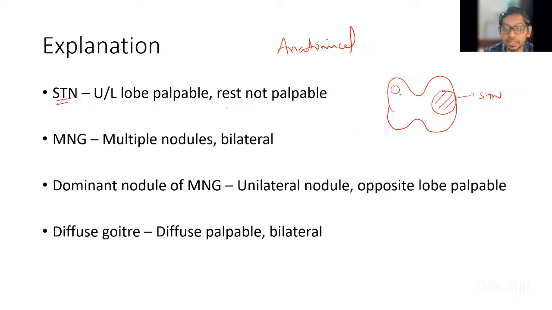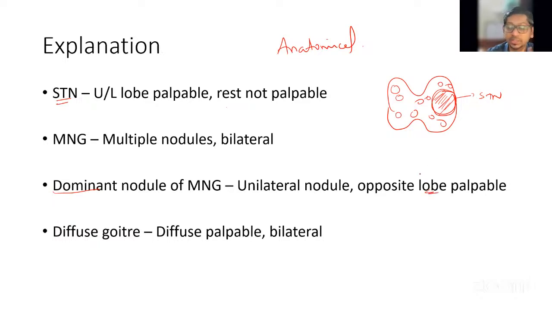There are multiple nodules in both lobes of the thyroid gland, and that is known as a multinodular goiter. A dominant nodule of a multinodular goiter is where you have one large palpable nodule. The opposite lobe is also palpable because there are small nodules, but you don't have any discrete multiple nodules in the opposite lobe. So basically, you have only one nodule that is palpable in the ipsilateral lobe, whereas the contralateral lobe is palpable because of some pathology.